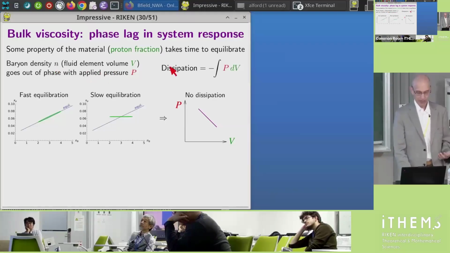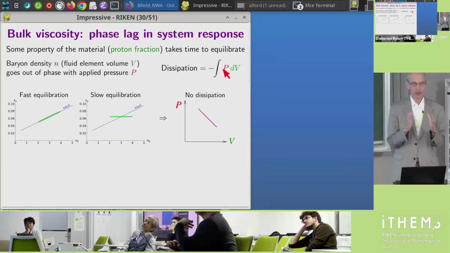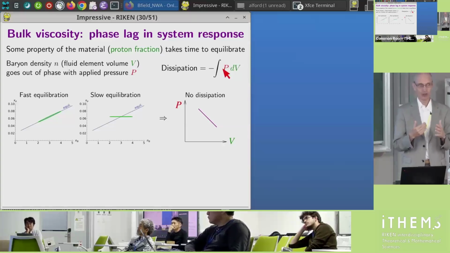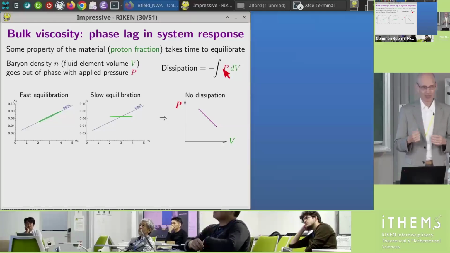And that means that if you calculate the PdV work, the work that the force doing the oscillation does on that fluid element, you'll find that over one cycle, the net work is not zero. It makes a net loss, okay? So it does more work on the fluid element than the fluid element does back on it.